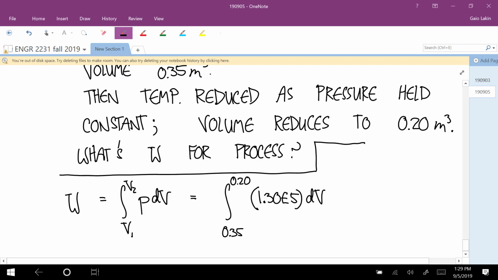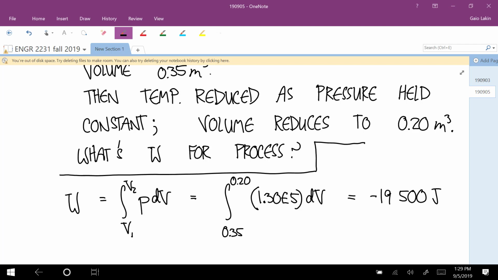And if you go through all that, you can pull the constant out, take that integral, and you get negative 19,500 joules. Does that negative make sense in this case? Yeah. The volume decreased, and so the work has to be negative.